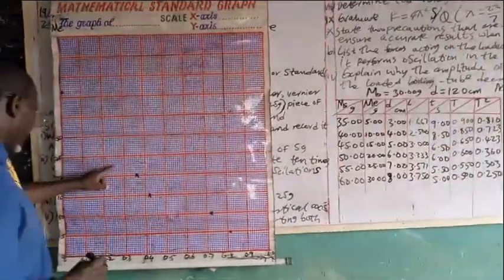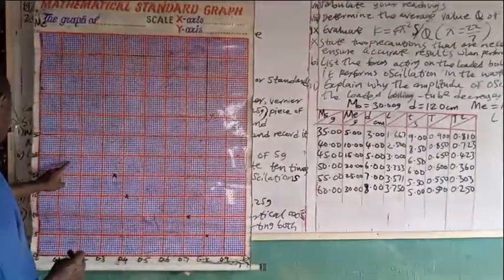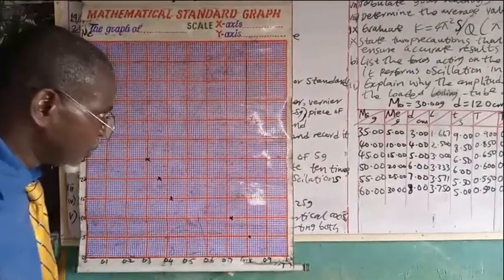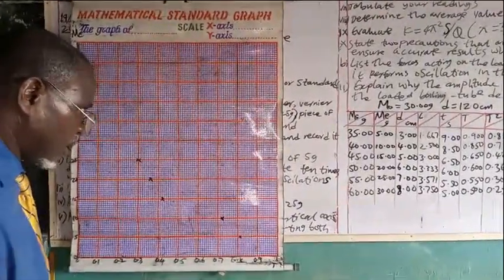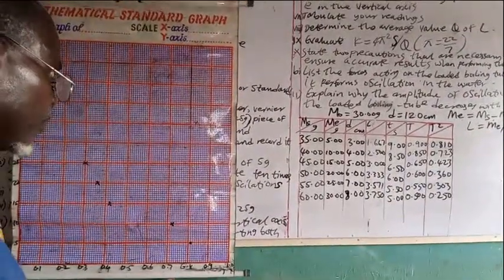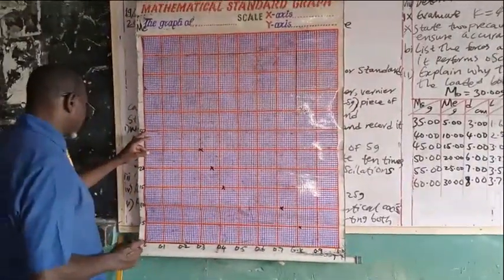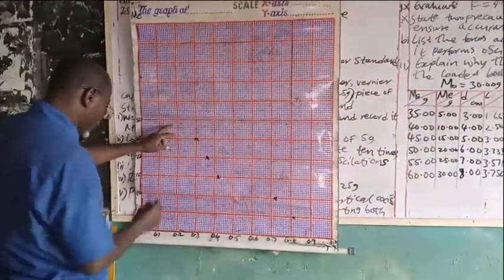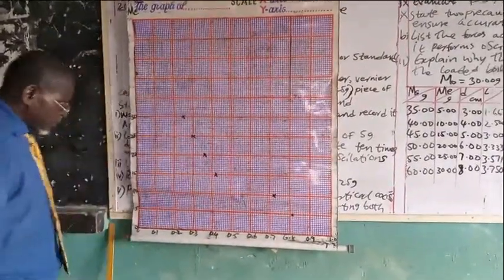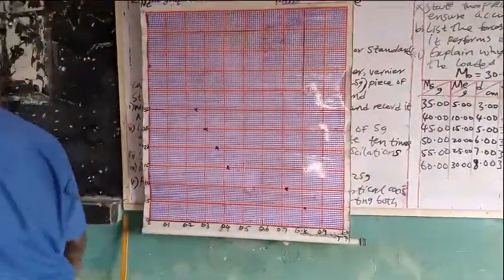When M is equal to 30, the value of T square is 0.25. So we join them together.